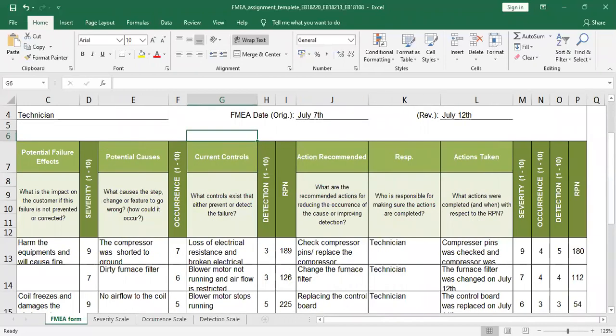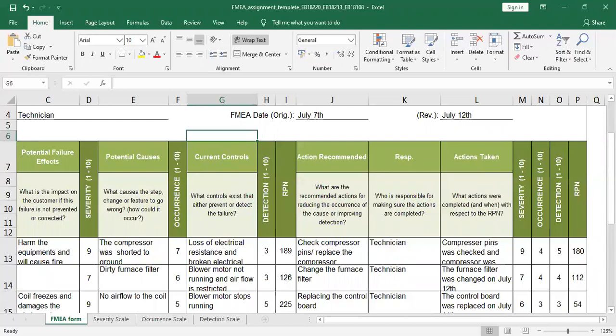After that, the action recommended for this cause to improve detection is to check the compressor pins and replace the compressor. The responsible person is the technician. The actions taken were that the compressor pins were checked and the compressor was replaced.